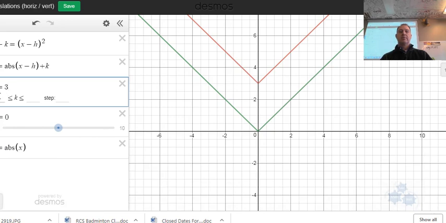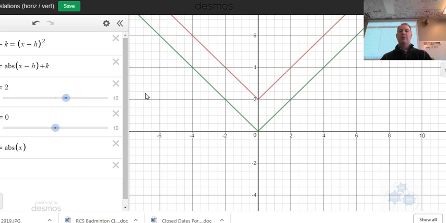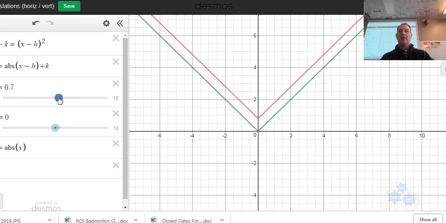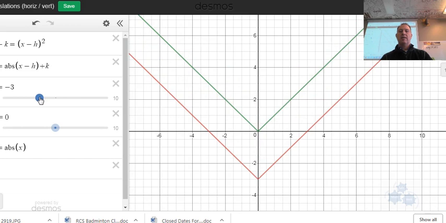Perfect. Okay. Now I want to move this slider. So what about 2? Well, if it was a plus 2, look at that. The intercept is 2. If k was a minus 3, like you guys did, it goes down here to minus 3. See that?